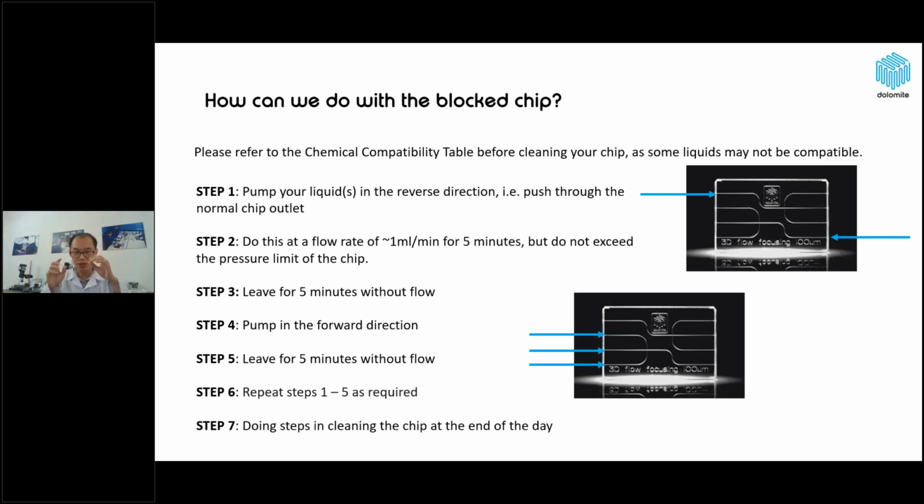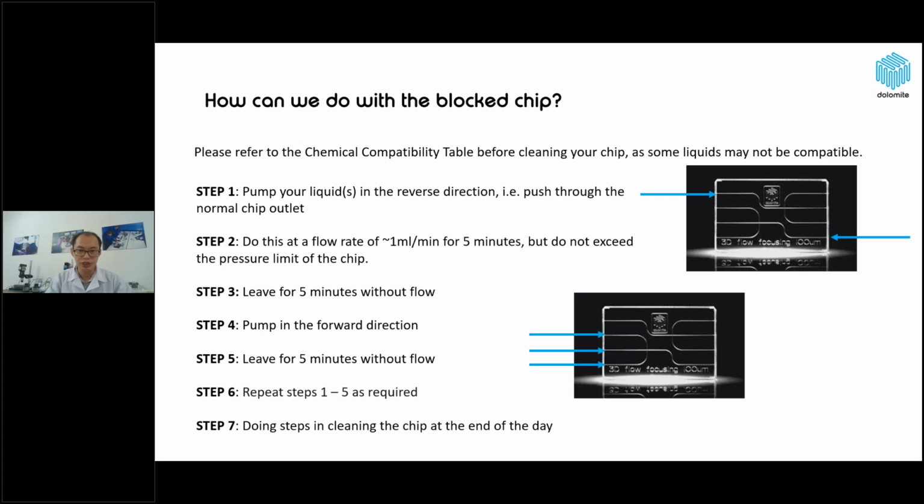But if the chip is blocked, the contaminant will remain at the chip junctions. So to flush the contaminant or dust out of the chip, you need to connect in the reverse direction.